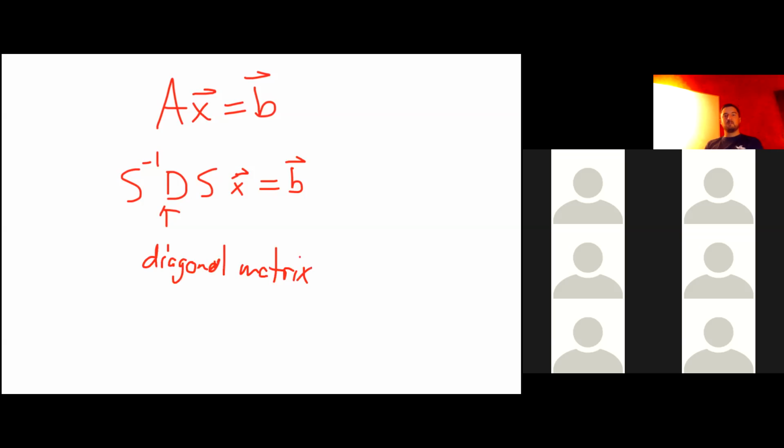When it's a diagonal matrix, it has entries only along the diagonal. We're going to see that those are our eigenvalues, whatever they are, with zeros elsewhere off the diagonal. If we can do this for a matrix, it ends up making it much easier to solve.